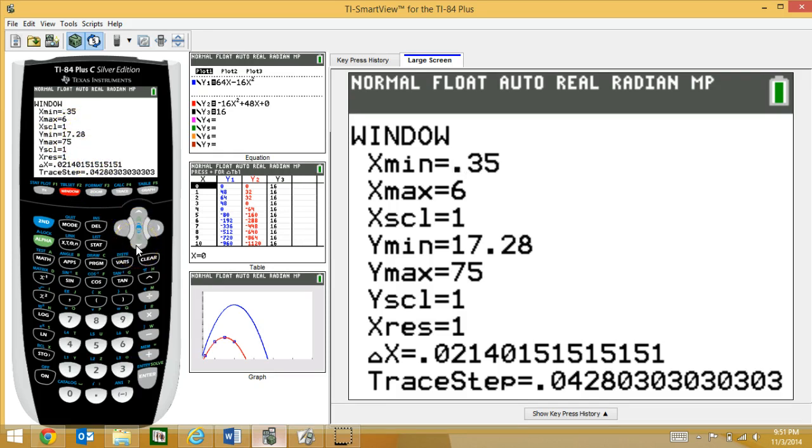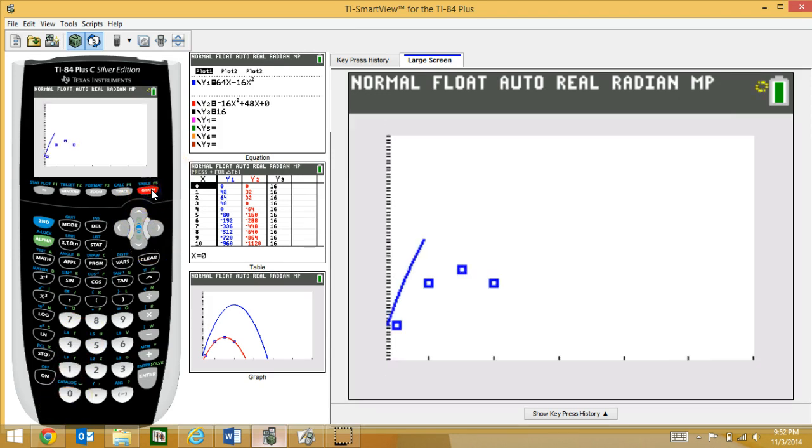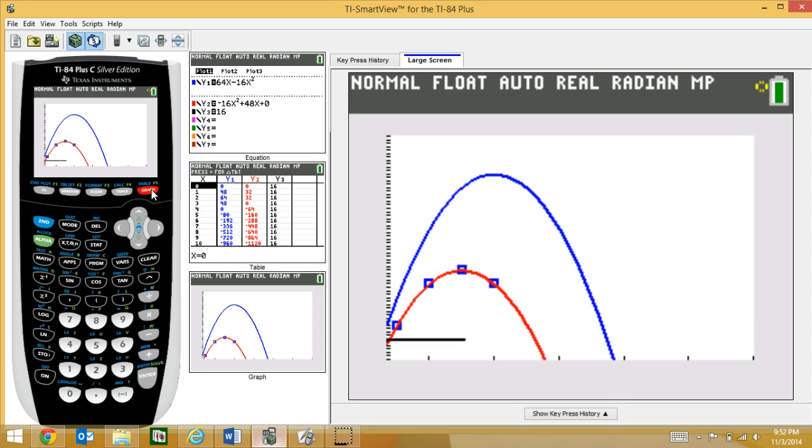It's too high to see that line at 16, so I'm going to scroll down and let's go down to 10 just so we can see that third graph. There's the third graph.